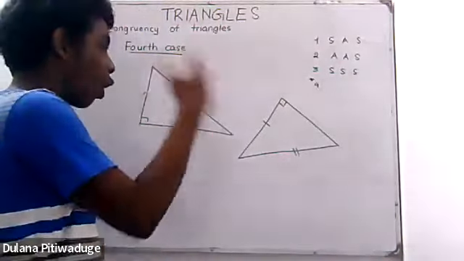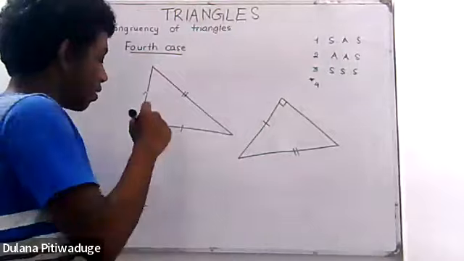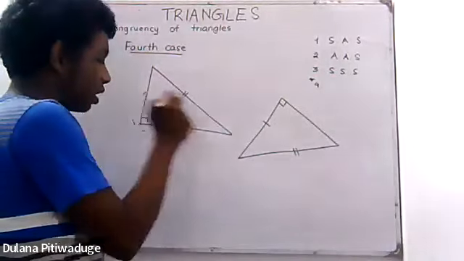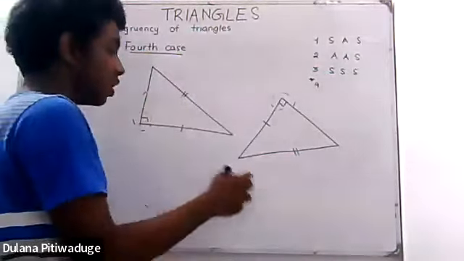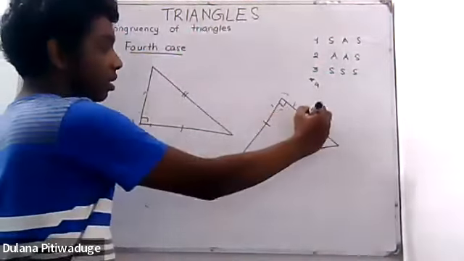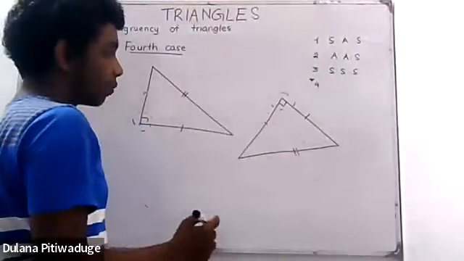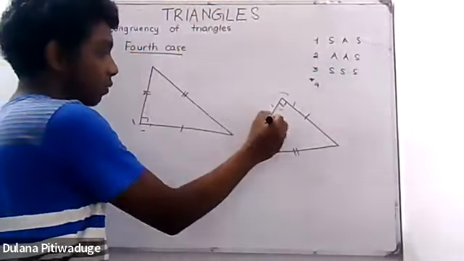Now this is possible only for right angle triangles, or triangles which contain a 90-degree angle. Their hypotenuse should be equal and either these two can be equal or even these two can be equal.